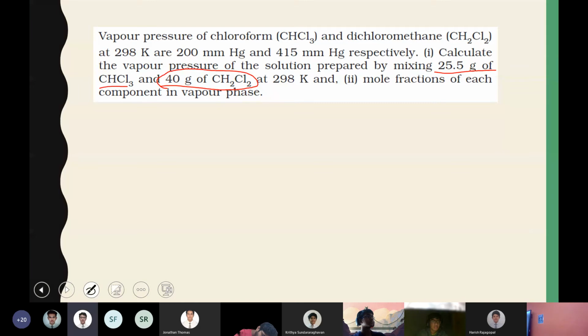Ma'am, CH2Cl2 is solvent. Actually you can put 1 and 2 in any order, no issues. If you take something as 1, then throughout solving the question it should be taken as 1. It's not compulsory that you take this as 1 or that as 1. But it will always be good if you follow the same numbering in all numericals, so that you'll be comfortable using it.